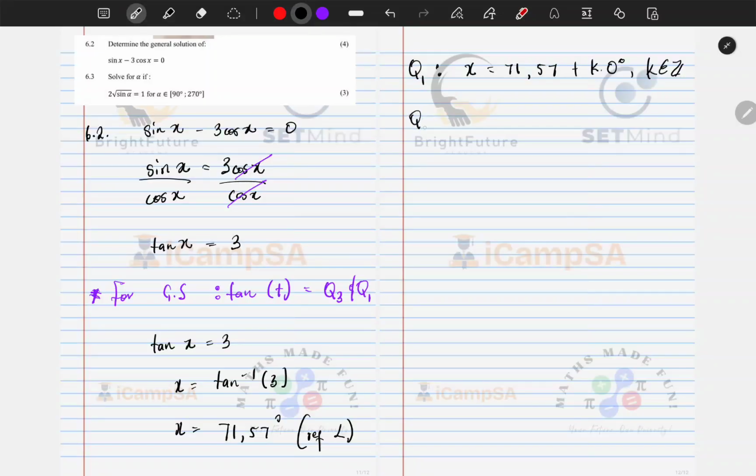And then in quadrant 3, I'm going to have x equals 180.